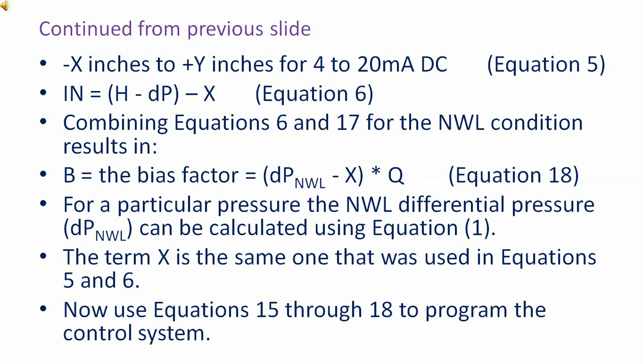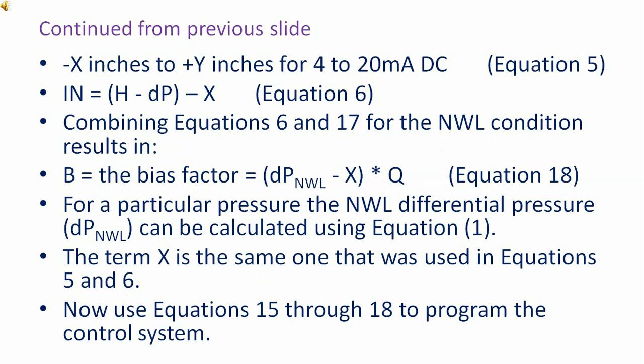Combining equation 6 and 17 for the NWL condition results in capital B, the bias factor, equal to dP NWL minus X multiplied by Q. Equation 18.